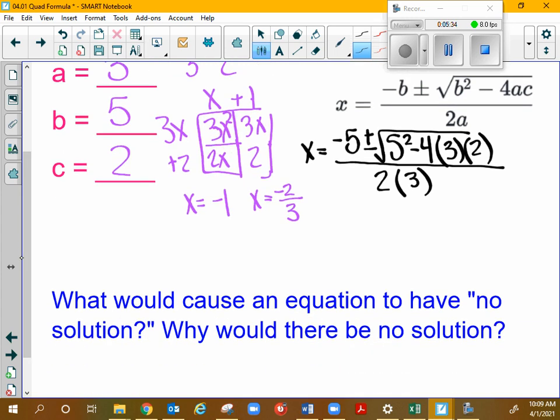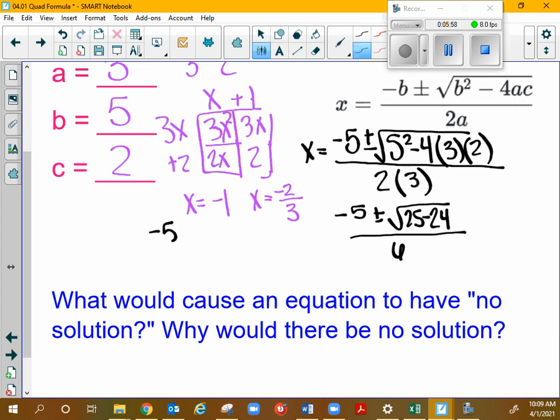There's a lot of ways that your calculator can mess this up, so try and simplify it. What's 5 squared? Negative 4 times 3 times 2, negative 24. 2 times 3, 25 minus 24.